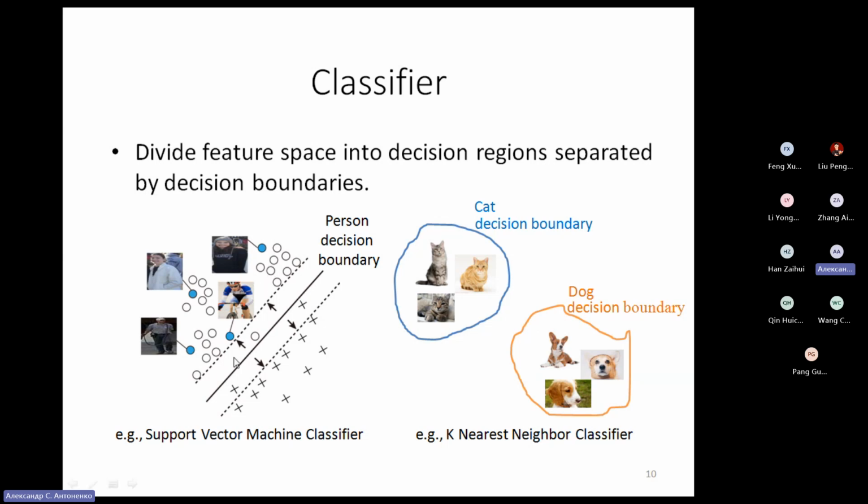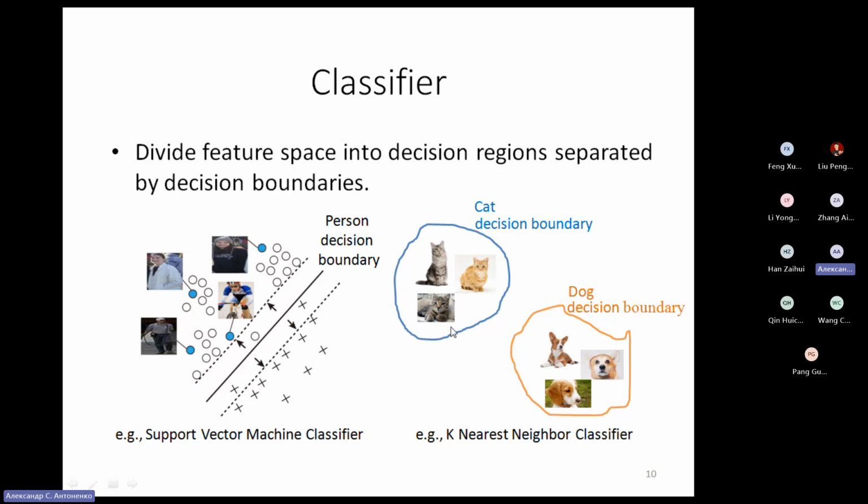Imagine that only two parameters, and imagine that in this kind of area, there are some features of objects, for example, of persons, and here, for example, of cats. We can draw some line that divides either it's person or not person, two classes.